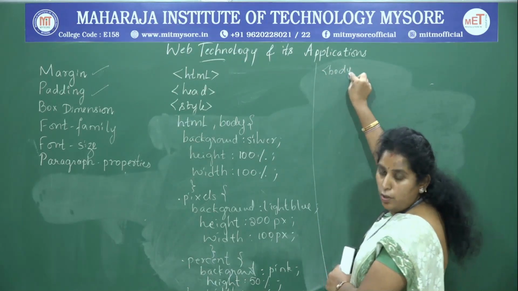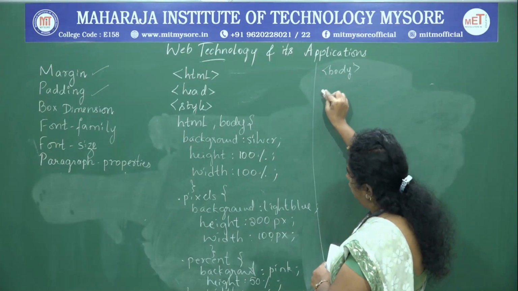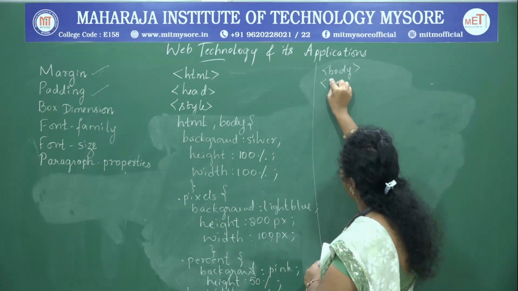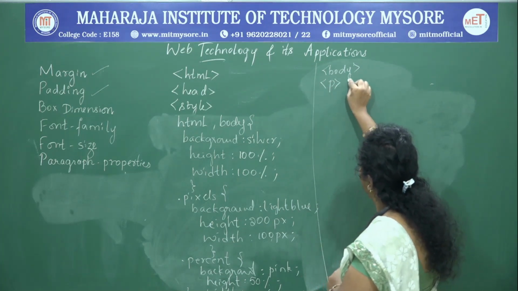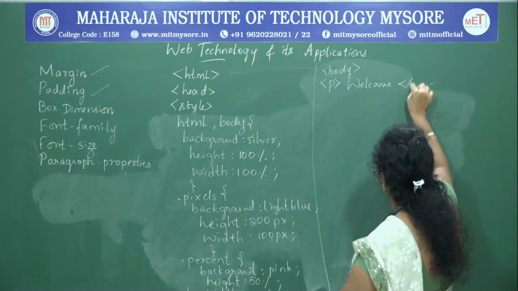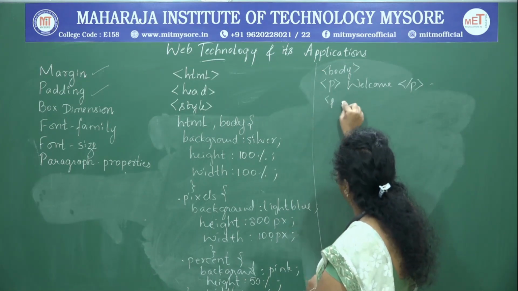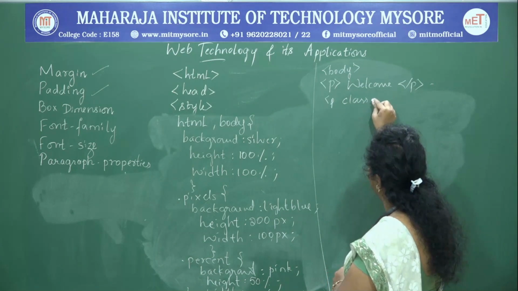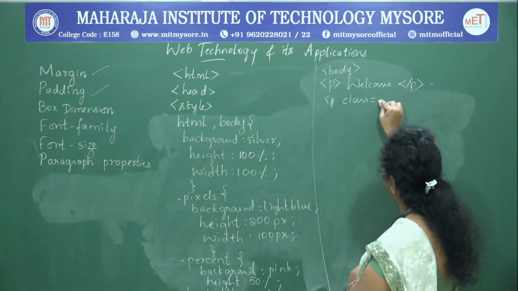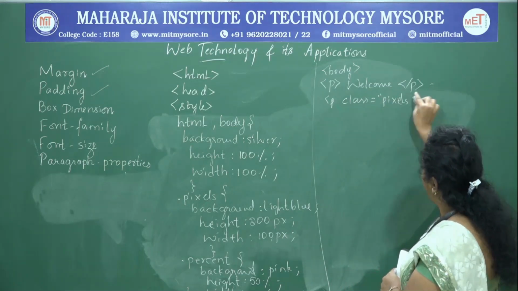Now I am going to write the body. Okay, so in body how do you write? So, let me take one example to print some message, that is welcome. Okay. So, then I am going to use p, where class is equal to, what I am doing in class name, pixels. It should be in double quotes. Okay.